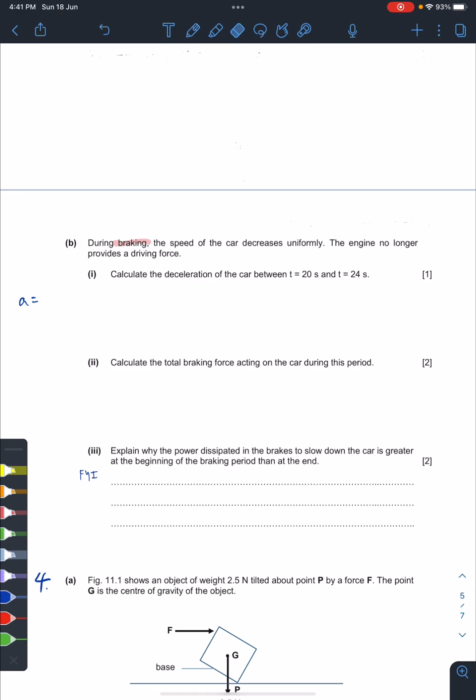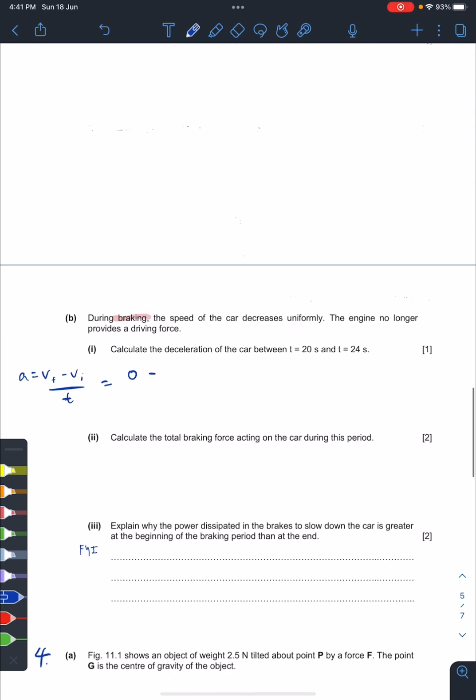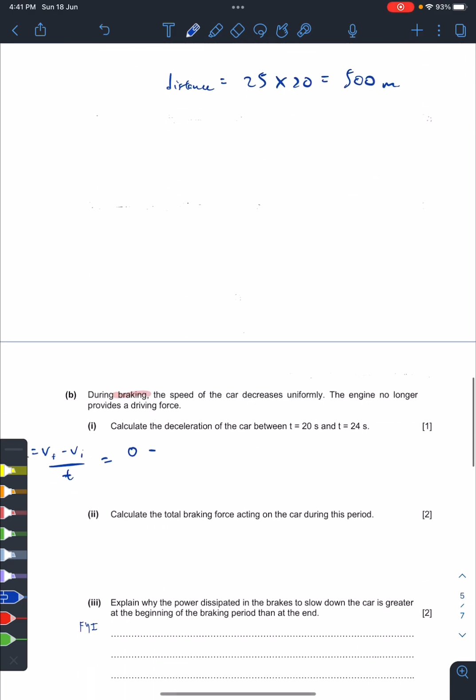Perhaps you all don't like that. V final minus v initial over t. Final is 0, initial will be 25, over t. It's 4 seconds. 25 divided by 4, you get minus 6.25 meter per second square.